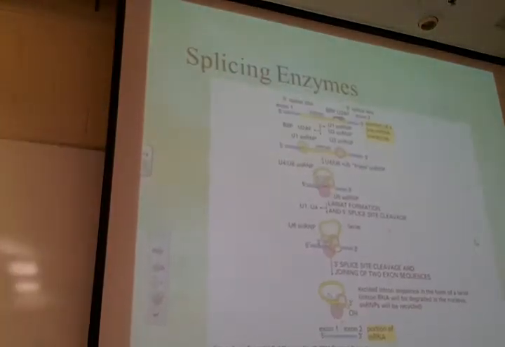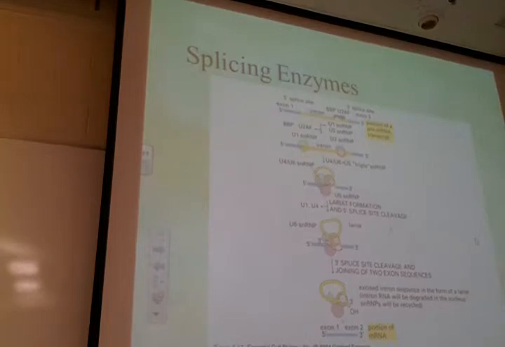Okay, so what's doing all of this? What's doing all this in the aggregate is a large multi-protein complex called a spliceosome. And a spliceosome is made up in turn of smaller things called SNRPs.